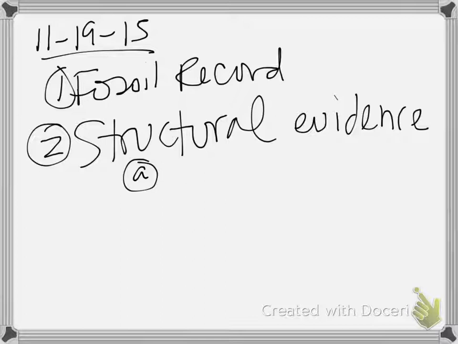The first kind of structural evidence that we see are same shape, different species. Homologous structures.